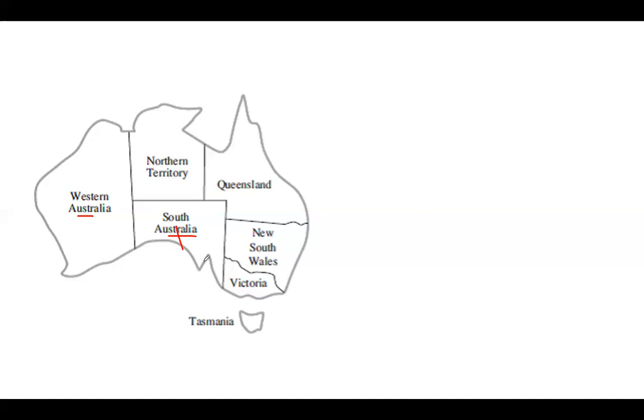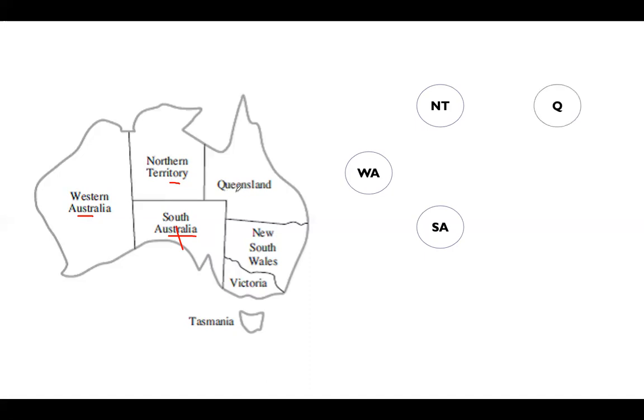What I will do is, I will call each of these regions as one vertex. Okay, Western Australia, I will call this as one vertex, WA. Okay, Northern Territory, this is another vertex. Okay, next South Australia, I will call it as one more vertex. Okay. This map itself, I'm representing in the form of a graph.